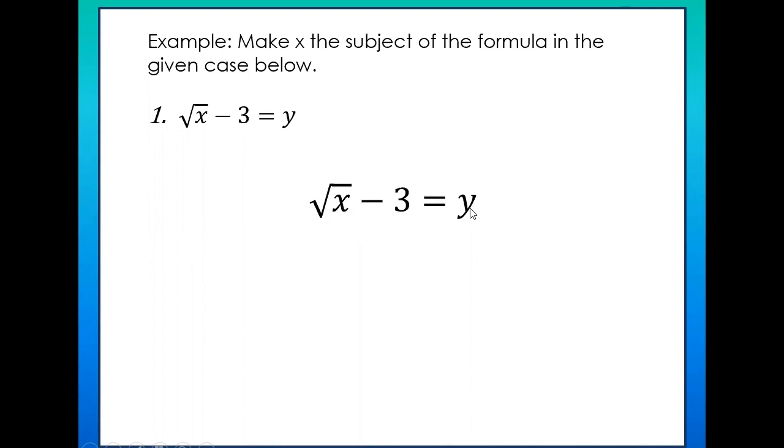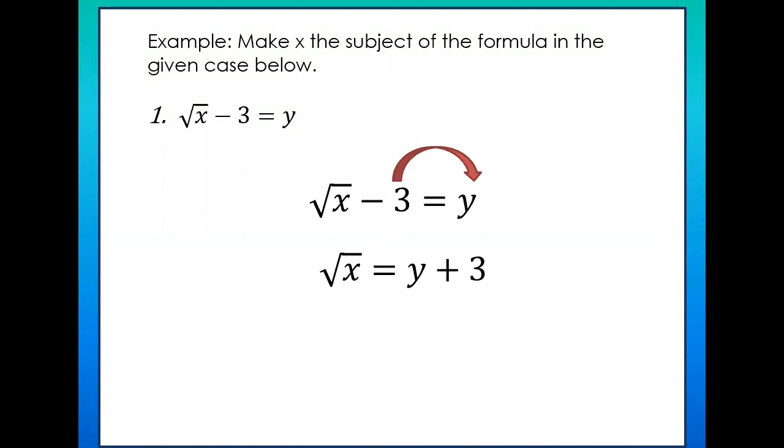Or you can add 3 to both sides of this equation to cancel 3 in this side of the equation. But again, what we're doing here is transposing it to the other side, like in this way. So by transposing it, negative 3 becomes positive 3. So we have square root of x equals y plus 3.